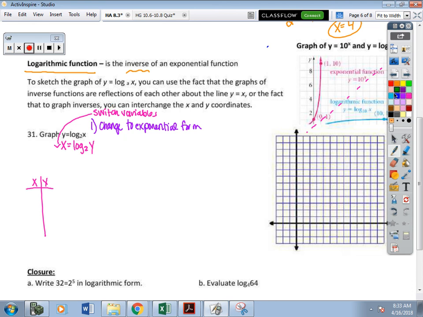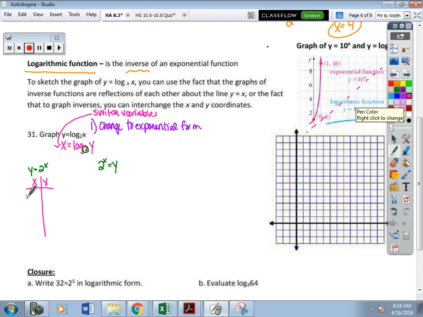Now we'll change this to exponential. So the base stays the base. This would be 2 to the x equals y, or y equals 2 to the x. So that is the inverse of this function. So if we can come up with some values of that, we can then just reflect them across the line y equals x, or we can swap them around.